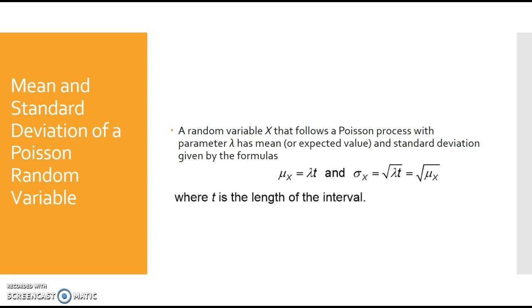Just like in a binomial distribution, we had the number of trials times the probability of success. Here we have lambda times the interval. The standard deviation is a lot easier than it was in binomial. It is just the square root of lambda t, or the square root of the mean.